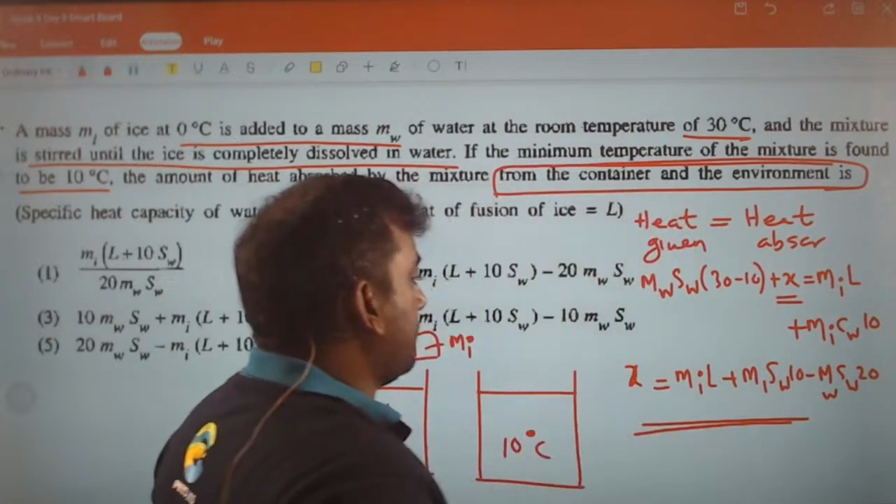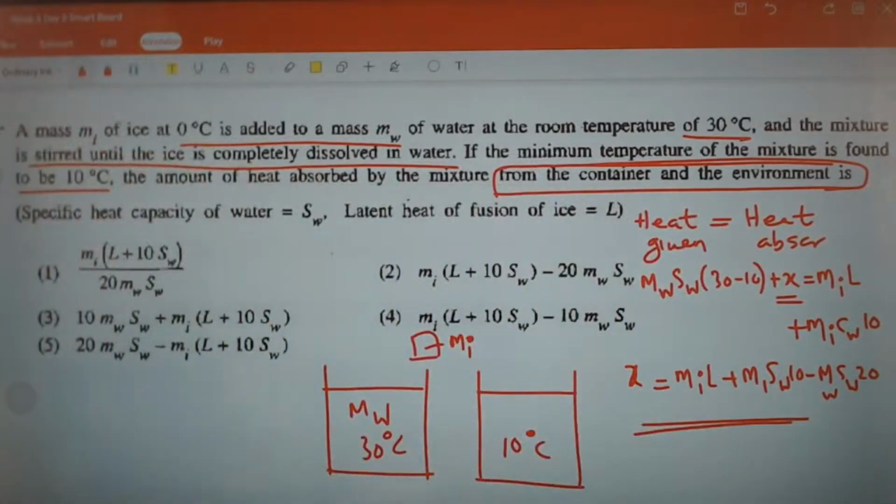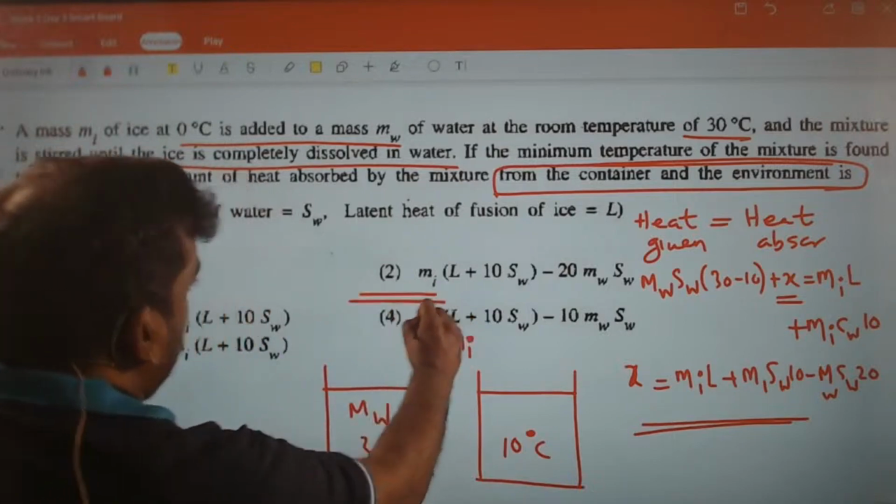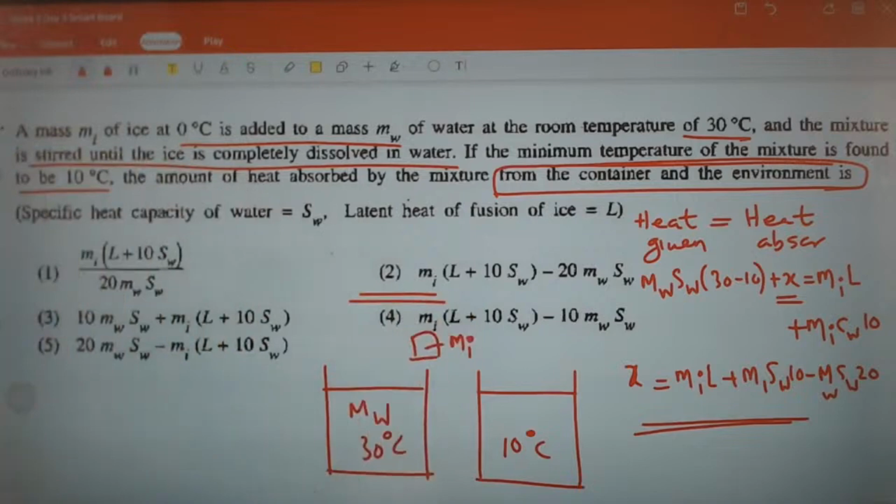This is your answer: m1L plus m1 SW 10 minus 20 mW SW. The correct answer is answer number 2.